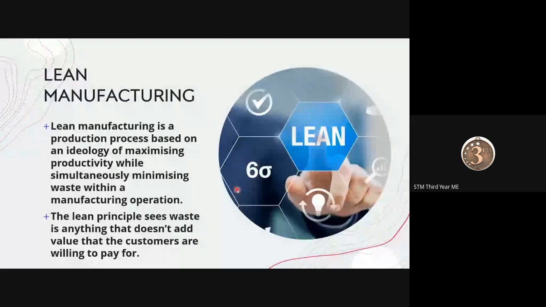That is the basic ideology. It is written here: lean manufacturing is a production process based on the ideology of maximizing productivity while simultaneously minimizing waste within a manufacturing operation. That is the basic concept of lean manufacturing.